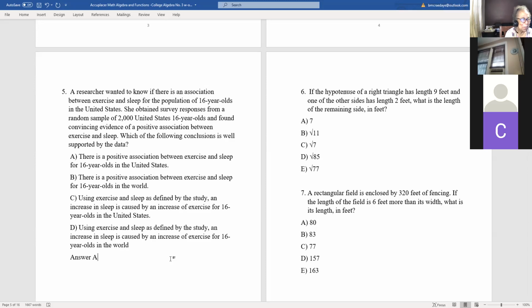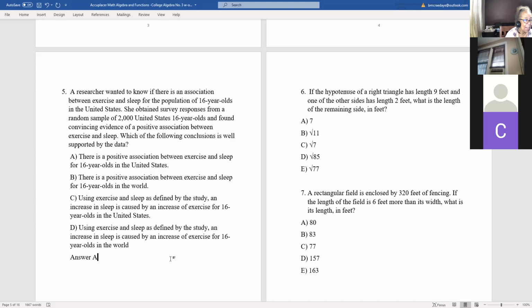Are they talking about the United States or the whole world? I read it again. It says the United States. So it can only be A or C, but it can't be C because they didn't say anything about how one causes the increase of the other. They just said positive association.